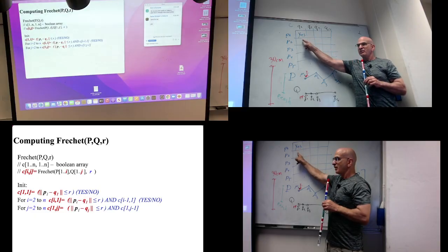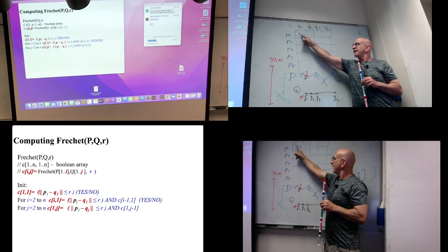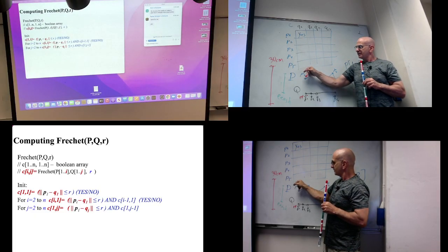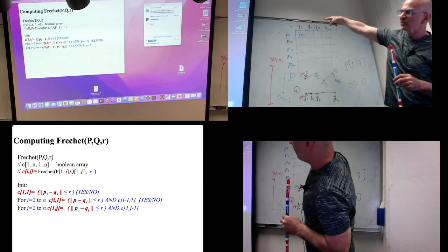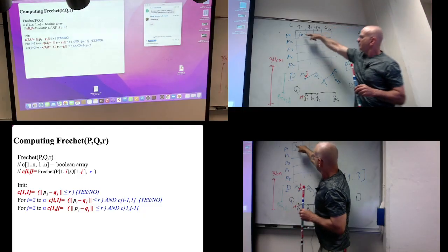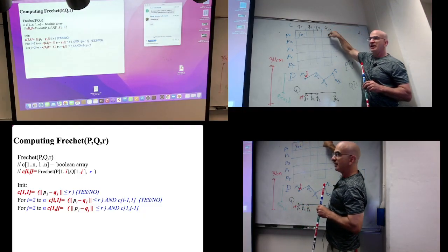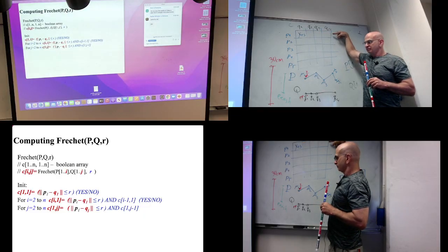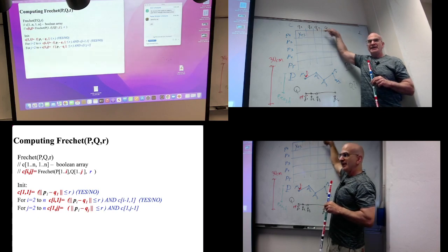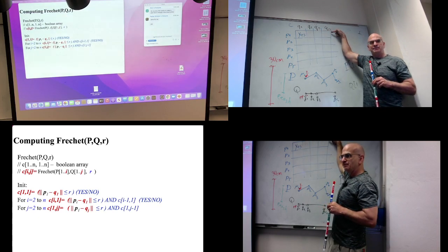So can you tell me in which condition will I write yes for the whole first row? What condition will it be if I can write yes for the whole first row?